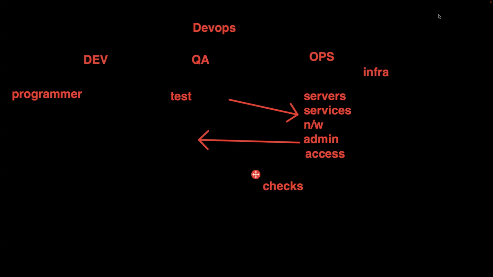So ops teams would always be looking for stability in the infrastructure, whereas the development team or QA team need agility to execute their tasks day in and day out, right? So if you look here, there is no proper communication. Developers are waiting for their infra, with the changes they need.